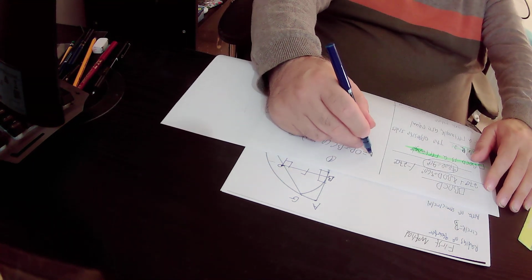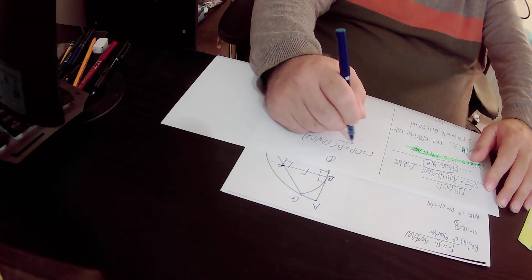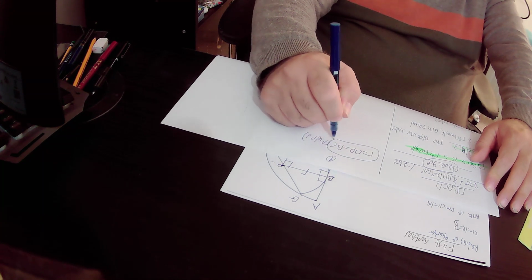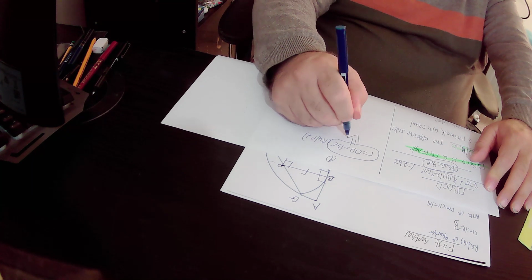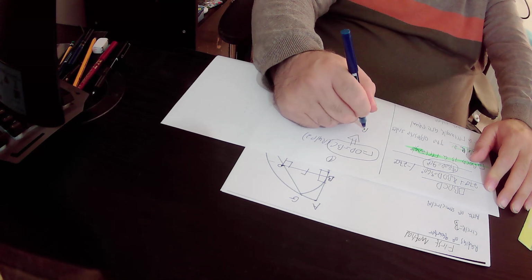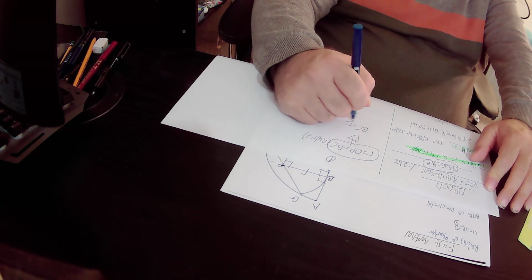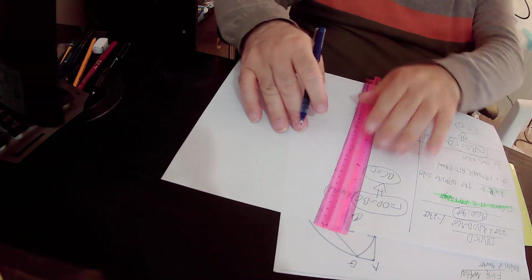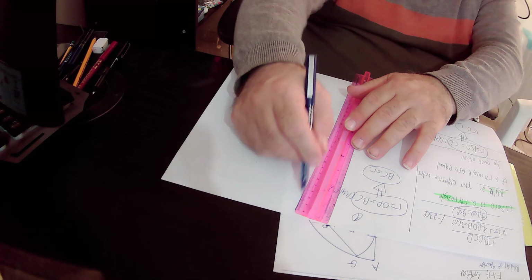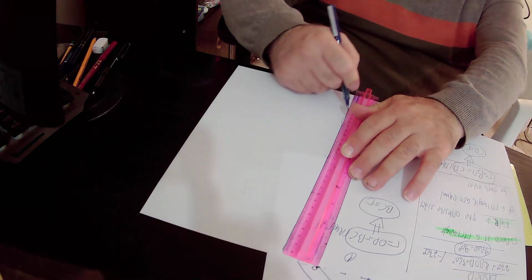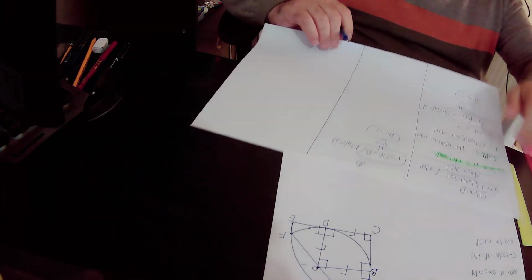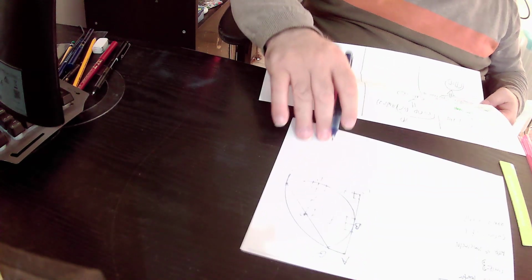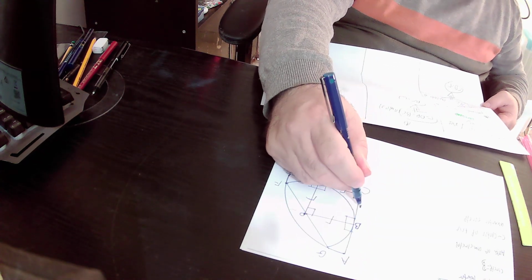OD equals R, so from this equation, R equals OD equals BC, we will derive that BC is also equal to R. Here BC equals R.